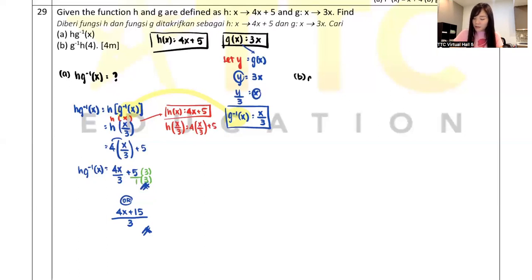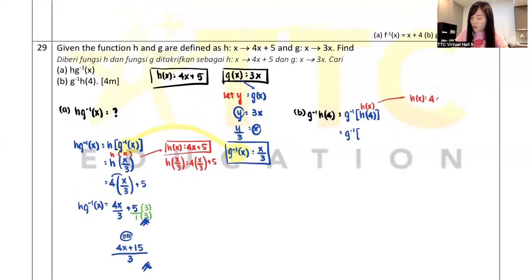B. B, then find what? g inverse h4. Okay. I don't think it's a problem for any of you. Because g inverse h4, again, your first step is separate it. After separate, always do the inside first. So look carefully, inside is h4. h4 original name called hx. So hx equation is here, 4x plus 5.